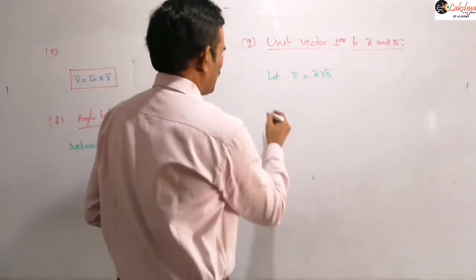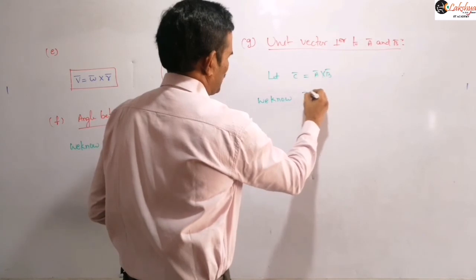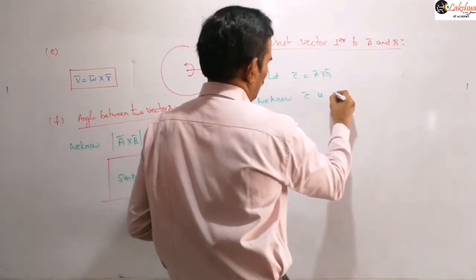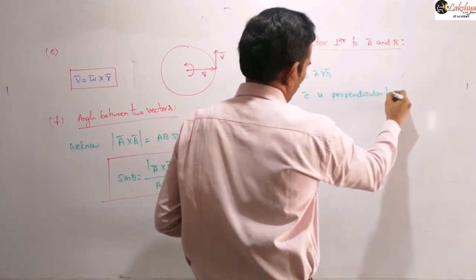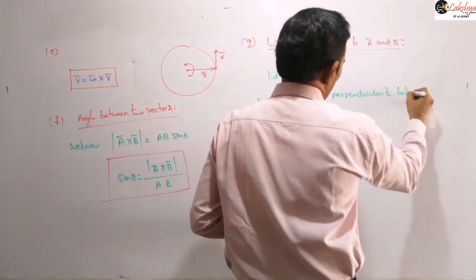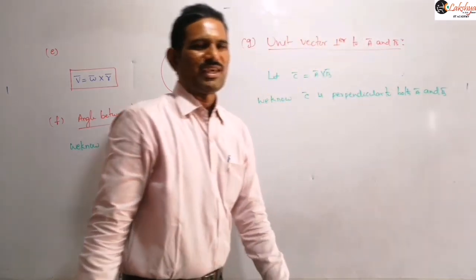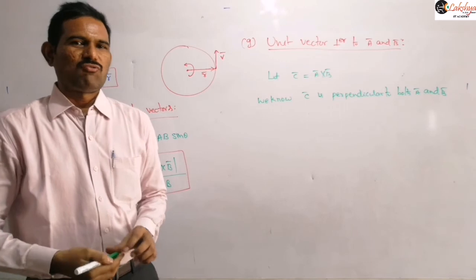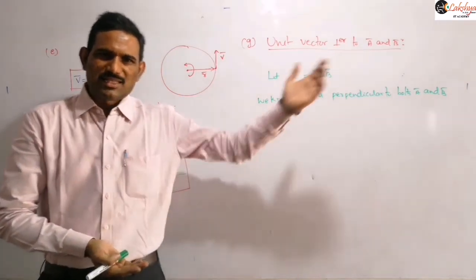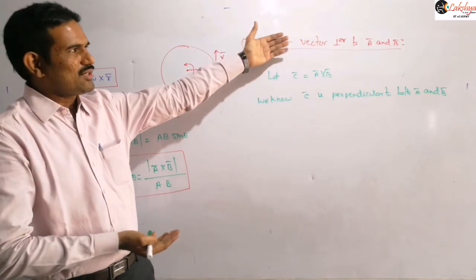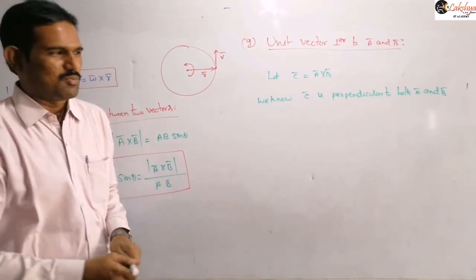Now we know that c bar is perpendicular to both a bar and b bar, right? So if we find the unit vector of c bar, that is nothing but our required quantity. A unit vector perpendicular to both a bar and b bar means just finding the unit vector of c bar.